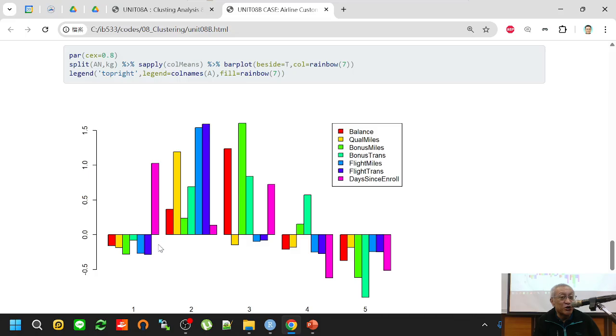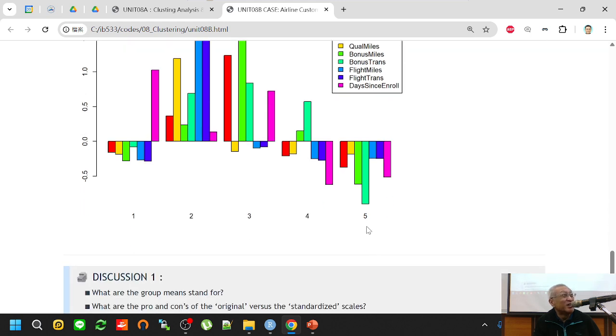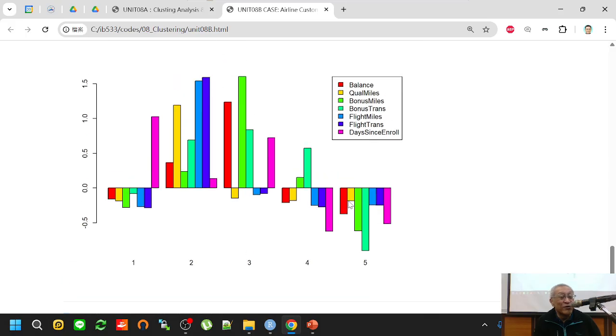So for example, in this group, every variable is below average. This is group 5, right? Every variable is very small. So this would be a new customer, right? Everything is below average.